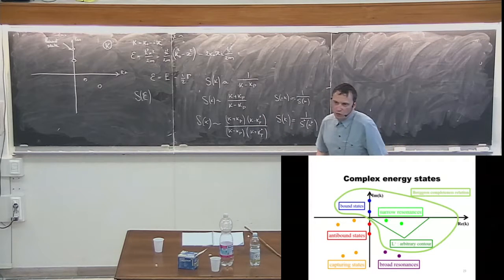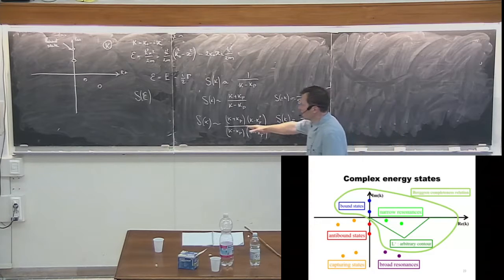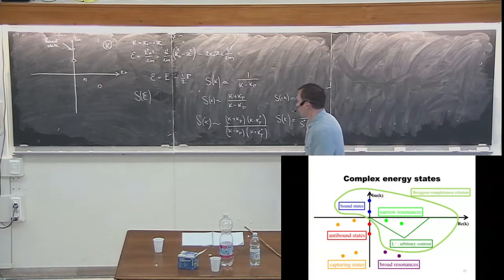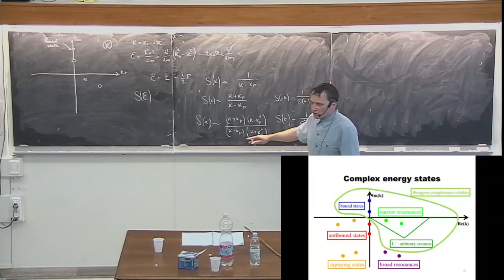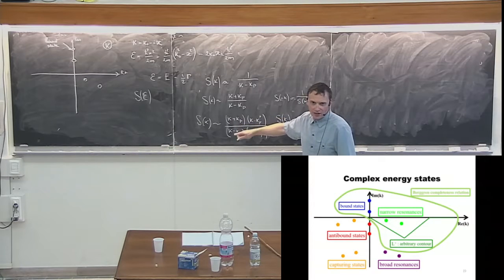So this is the form that my S matrix has to have near a pole given all other considerations. Okay, and you can actually notice here an interesting thing, that if I complex conjugate the numerator, I get the denominator.